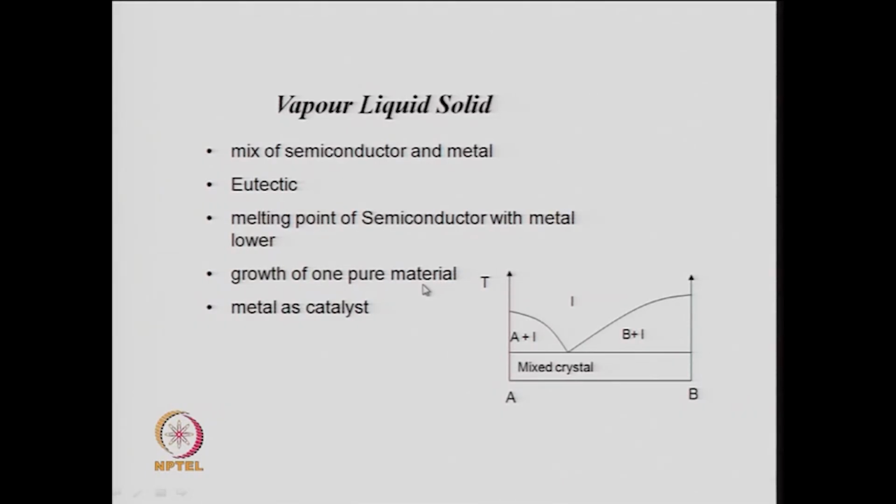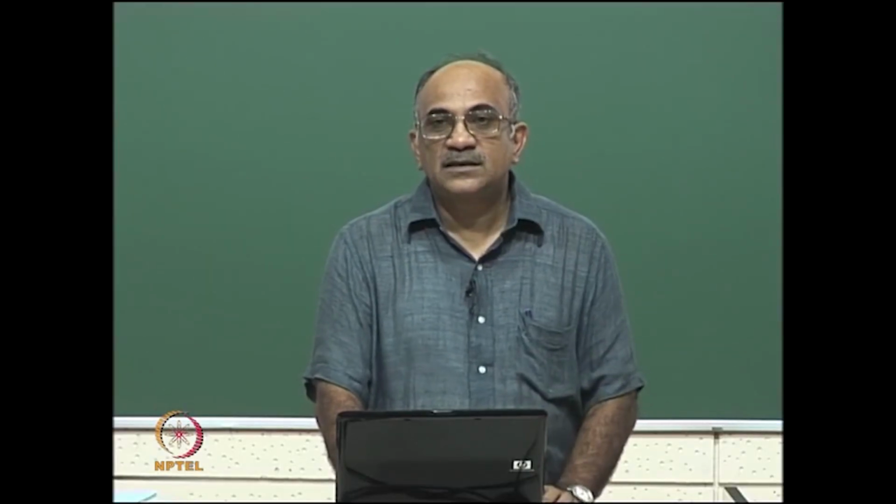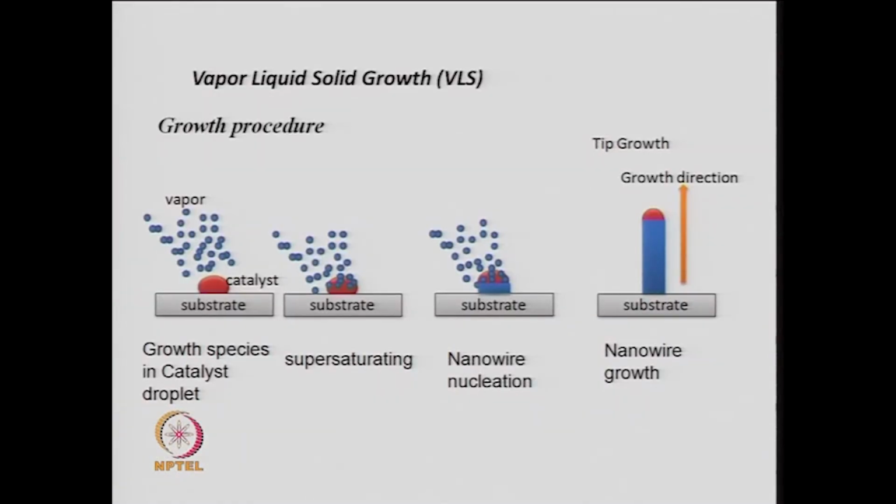So, the growth of only the semiconductor which you want takes place, and the metal is the catalyst and it is recovered. Now, this process can be shown as here, where you see that you have a substrate and you have a catalyst which has formed a droplet.